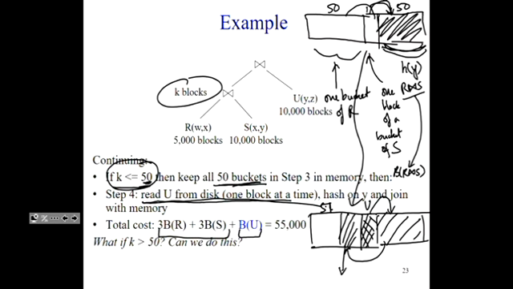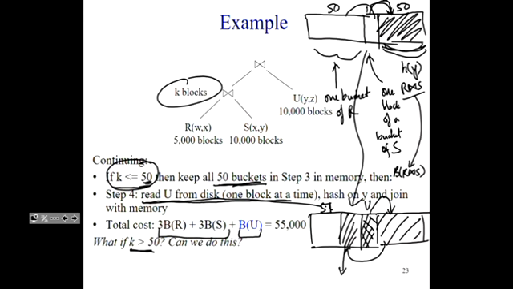Okay, so what happens when K is greater than 50? What happens when you can't store the intermediate result of R join with S in memory? Then this won't work, right?